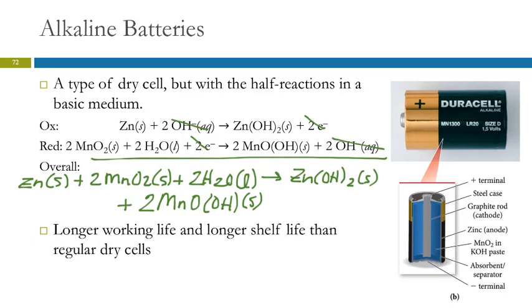Yeah, that's the end of it. So this has the same basic setup as the dry cell. You've got a graphite cathode in the center, a zinc casing that acts as the anode, and then you've got a paste in here, MnO2 in potassium hydroxide. You've got some other little details in there, but that's the idea of an alkaline battery.